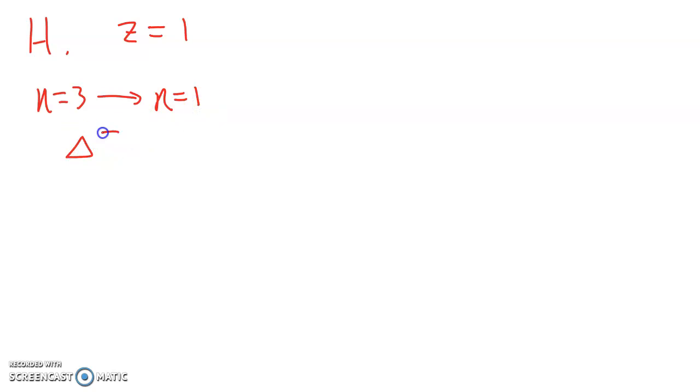I want to know what the delta E is. All right, let's do the calculation. So energy of the Bohr model, it says energy equal to negative K times Z squared, where Z is 1 in this case, divided by N squared.